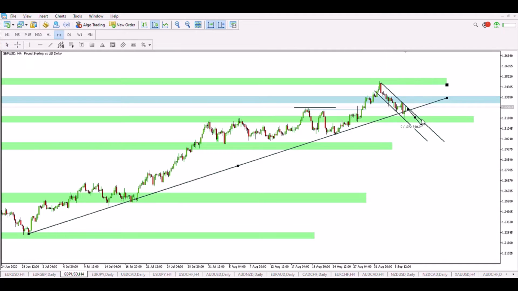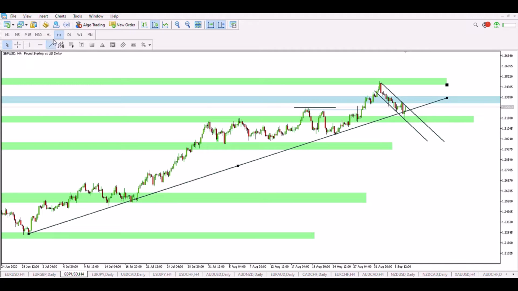or we can break this support zone right here and go downwards, depending on how the market will evaluate the dollar next week. So this is pretty much it for this pair.